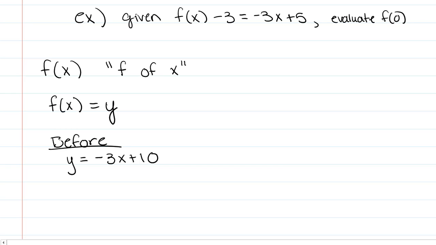Now with function notation, we have f of x equals negative 3x plus 10. Those two things mean the exact same thing. The only thing that's different here is that we've replaced y with f of x. Otherwise, they mean the same thing.